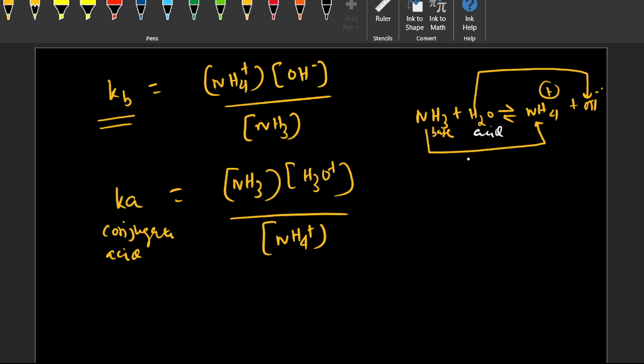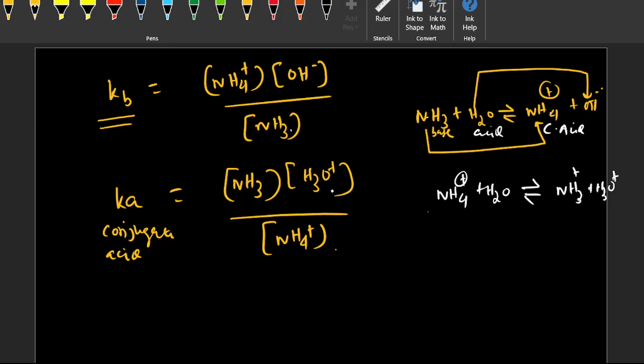Similarly for this conjugate acid, if I write NH4 plus with water, it will give NH3 plus H3O plus. So for this base, this is its conjugate acid. So I take the Kb for this base, and for this base its conjugate acid is NH4 plus. So I take the Ka for this conjugate acid of this base.